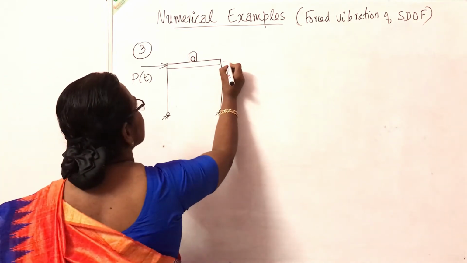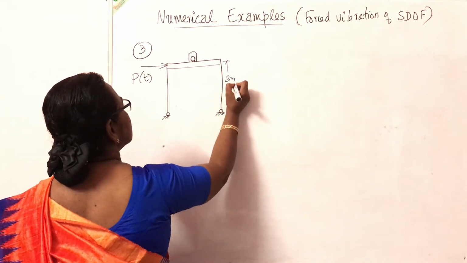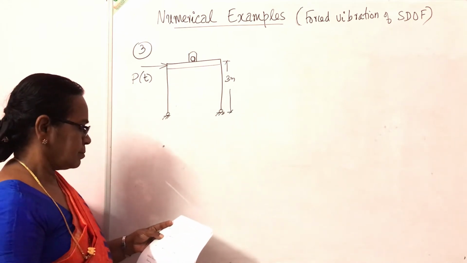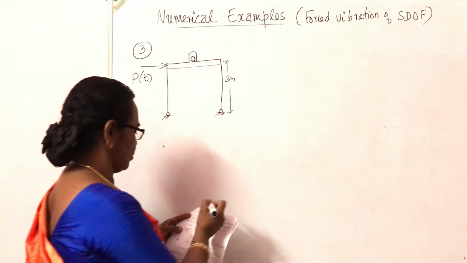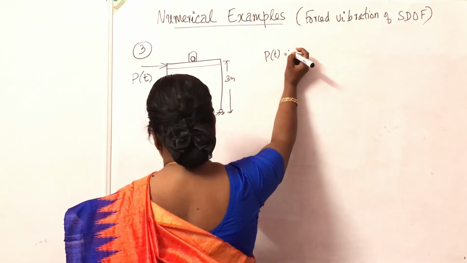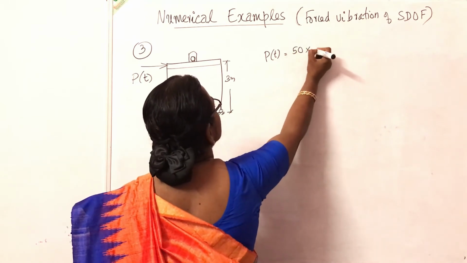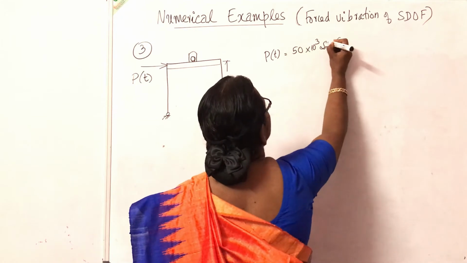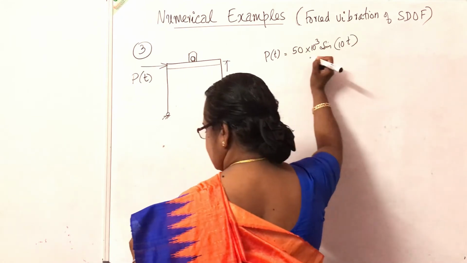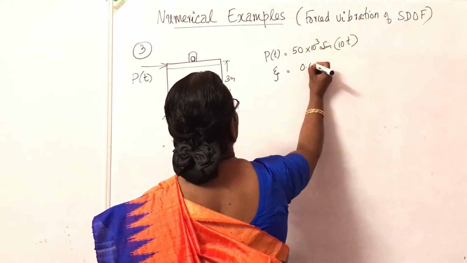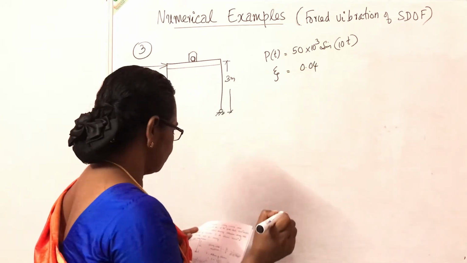This column height is given as 3 meter. And the exciting force P is given as 50 into 10 raised to 3 sin 10t. Damping ratio, critical 4%, so that is 0.04.